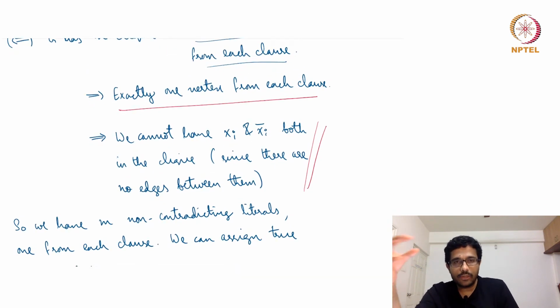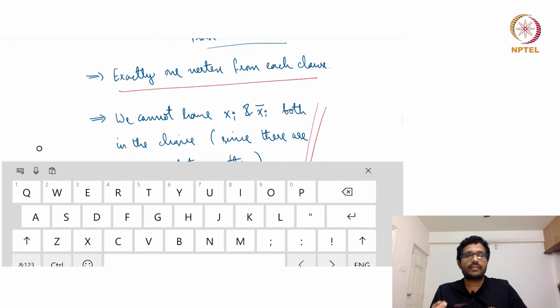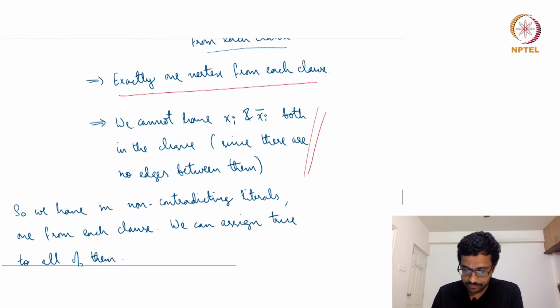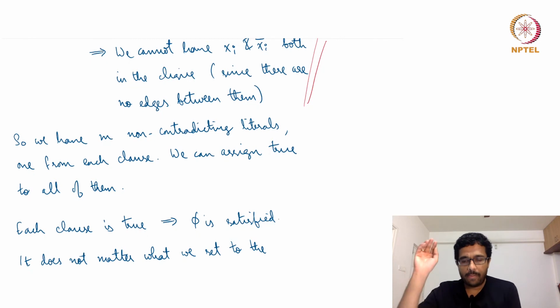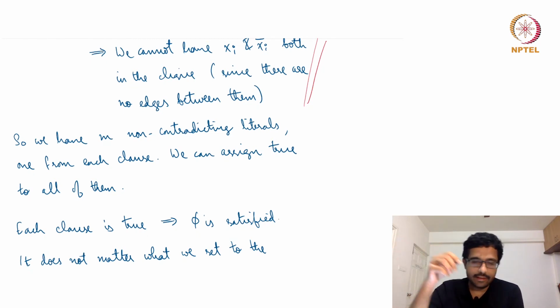So till now we are talking about the graph. The graph has an M clique, which means exactly one vertex comes from each clause. When I say clause, I mean the clause part in the graph. And we know that xi and xi complement cannot come together. So that means we have M non-contradicting literals, one from each clause.